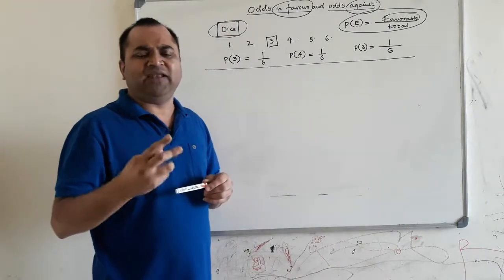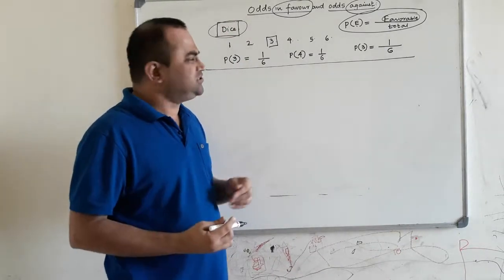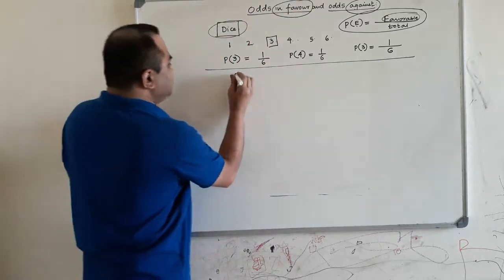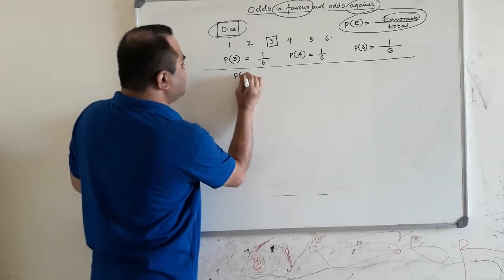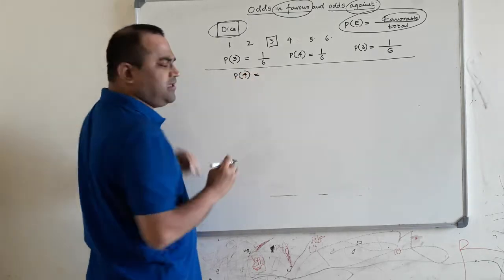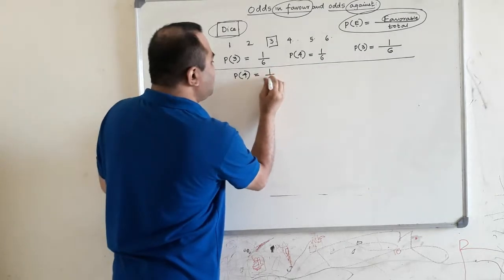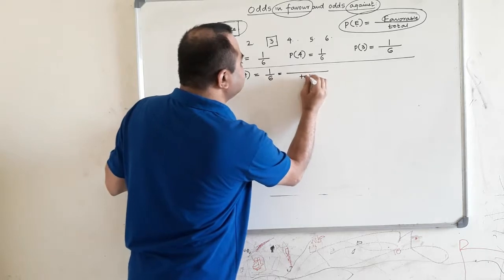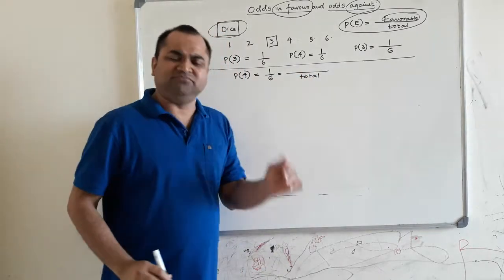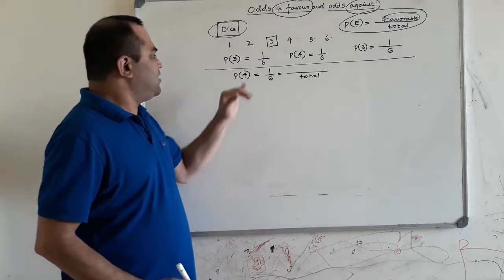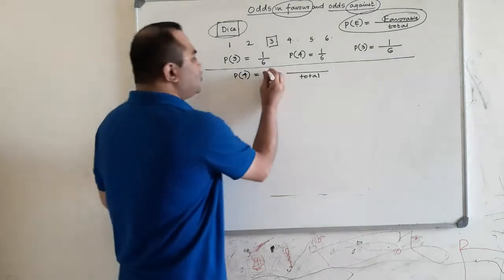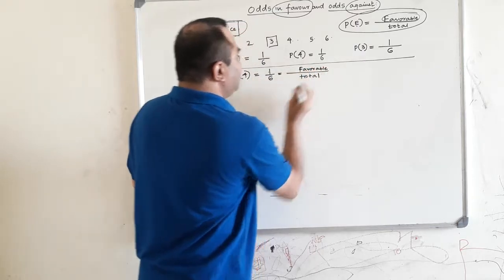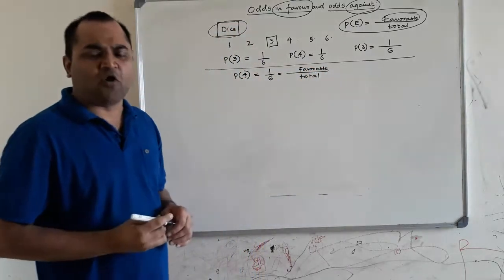This chance of an event occurring can be expressed in another way called odds. Let's learn that. See, when a dice is rolled, the probability of, say, number 4 is 1 by 6. 6 in the denominator represents the total number of outcomes which are likely to occur when a dice is rolled, and out of which one outcome is favorable for the expected event 4.